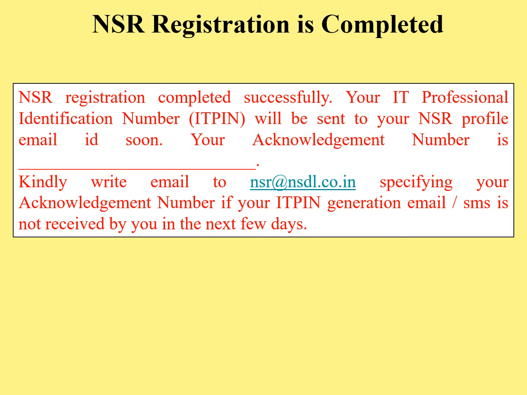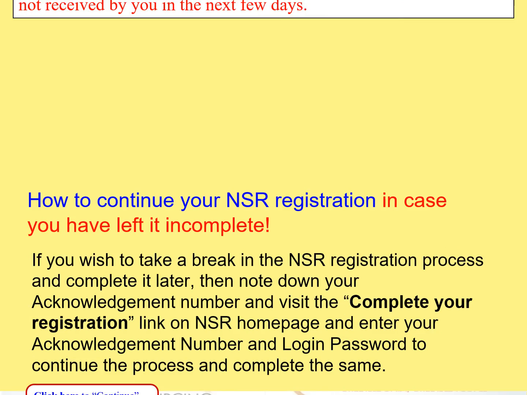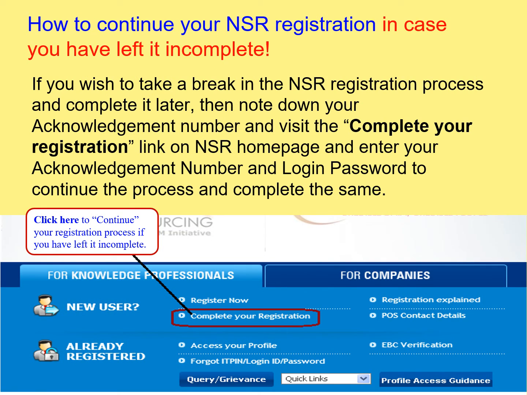And if at all you have discontinued or left your NSR registration incomplete, you can use the complete your registration link on NSR's web page, use the acknowledgement number allocated to you and complete the registration using the same acknowledgement number and password which you have created for yourself.